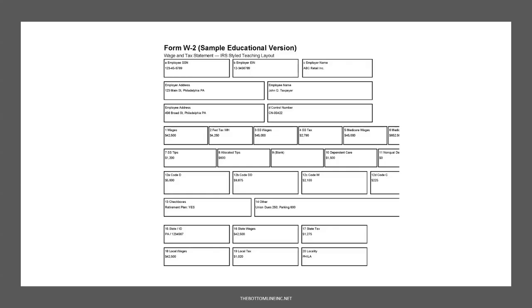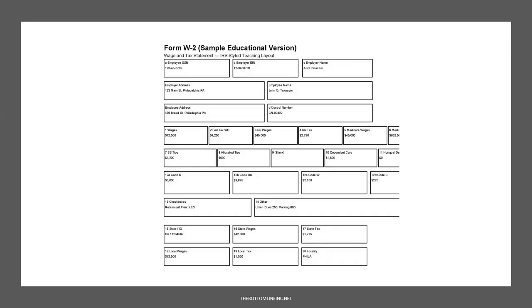There's a control number. Some W-2s don't have control numbers, some do. It's actually the business owner's control number for that employee. It doesn't matter. We don't do anything with the control number on the tax return.